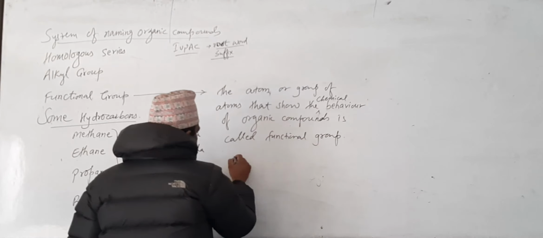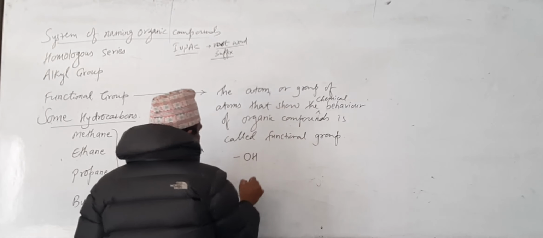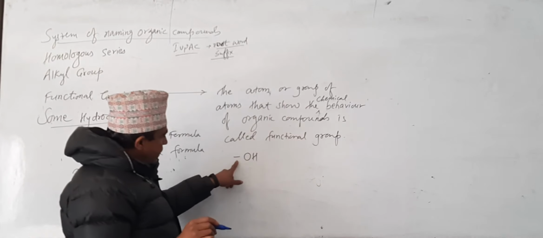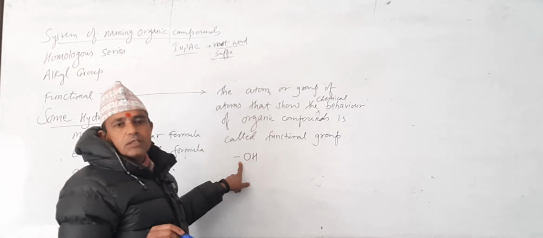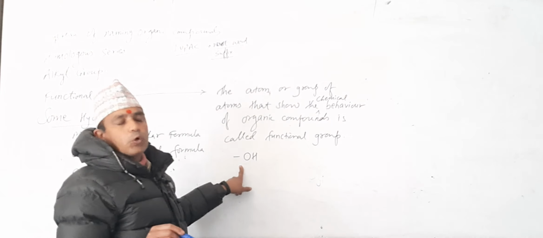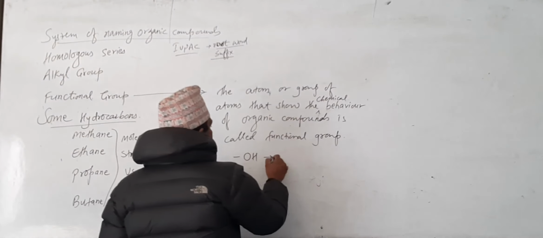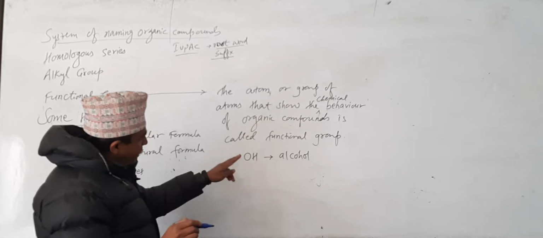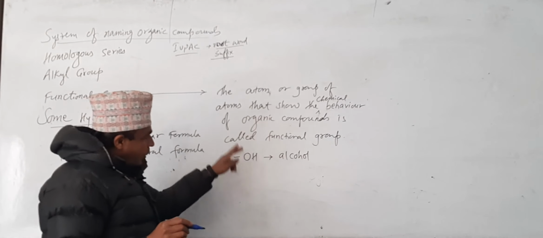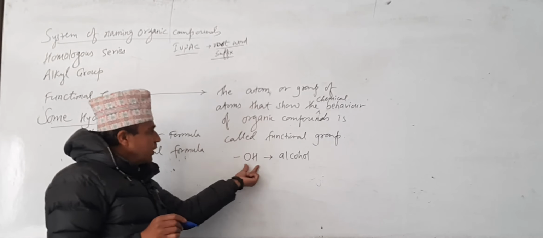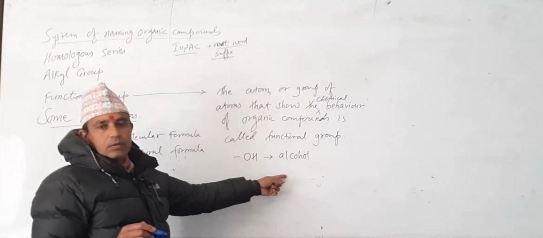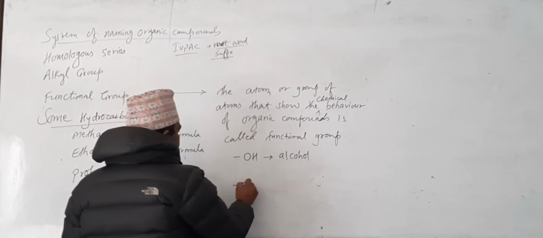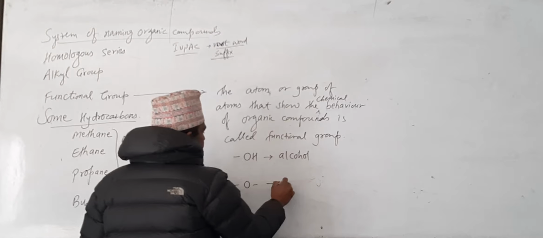For example, if I write OH, OH here has a single dash, it means it can form a single covalent bond. It is alcohol. The organic compound that contains OH group is alcohol. The organic compound that contains O is ether.